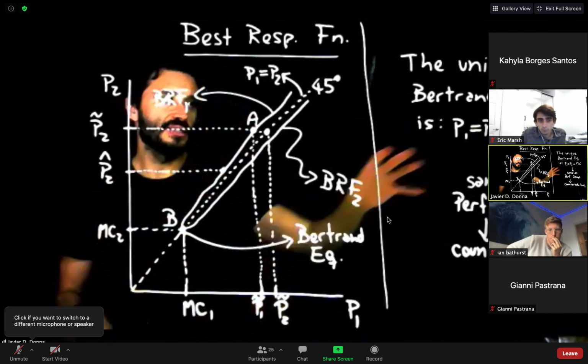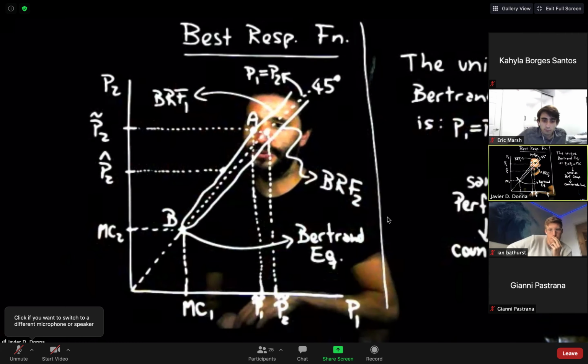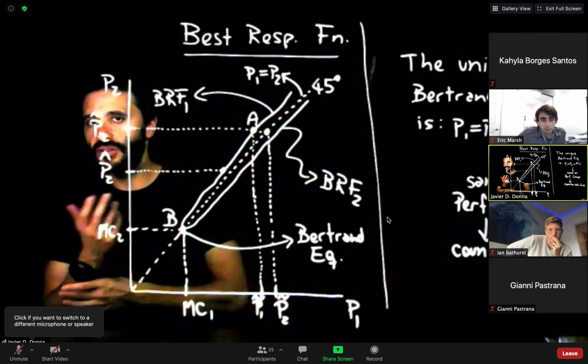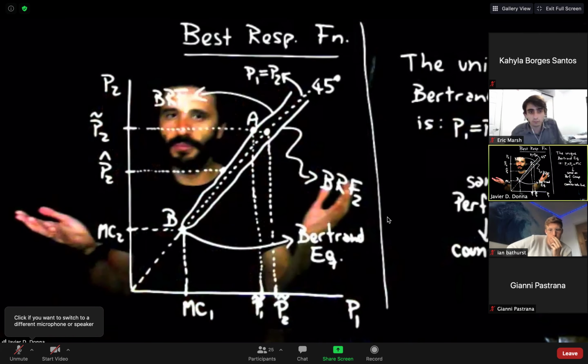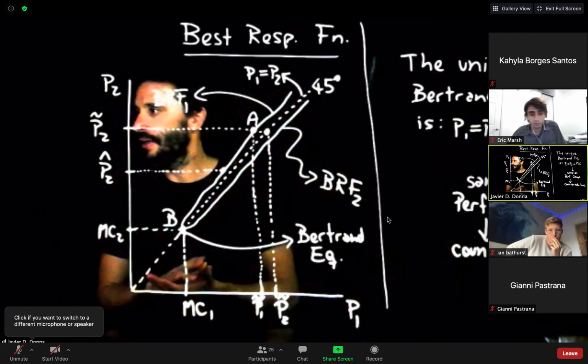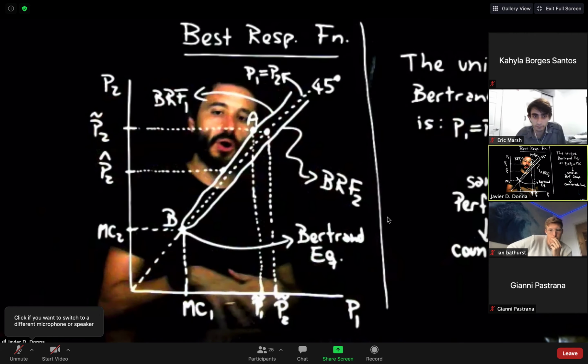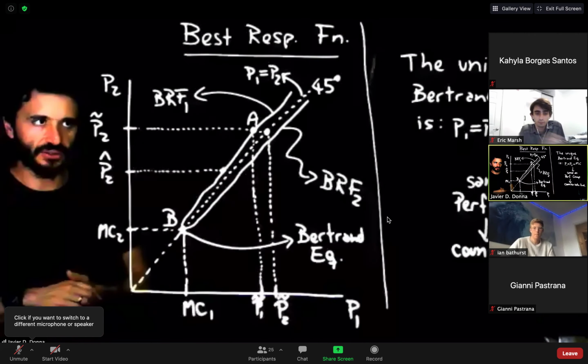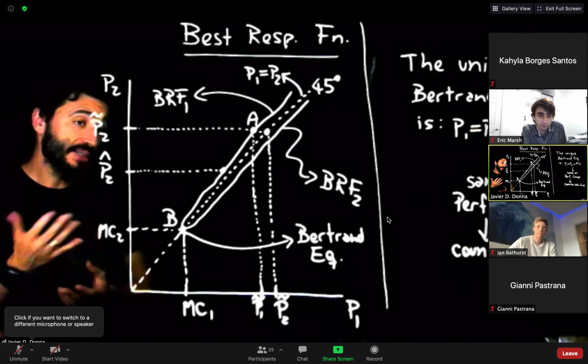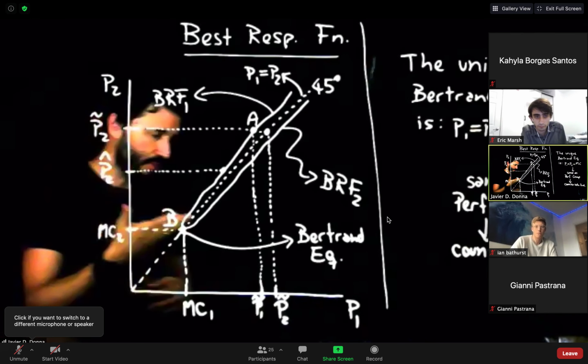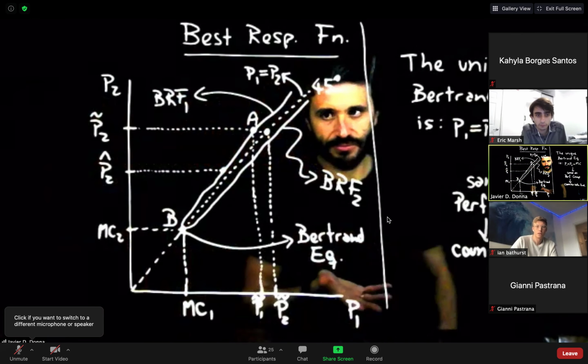This is not a feature of having just 2 firms. And that's also a counterintuitive result: increase the amount of competition, and nothing happens. We believe that in most of the markets that we observe, that's not true. And again, why is that happening? Well, because in most of those markets, the products are not homogeneous.